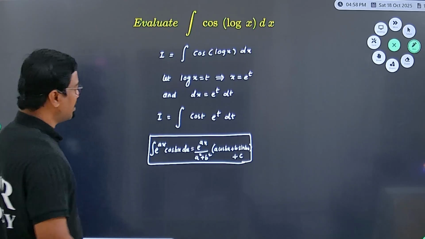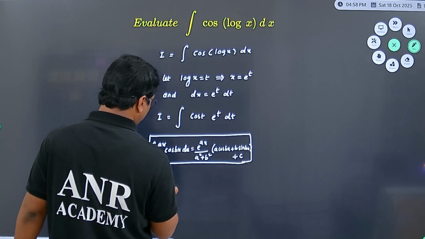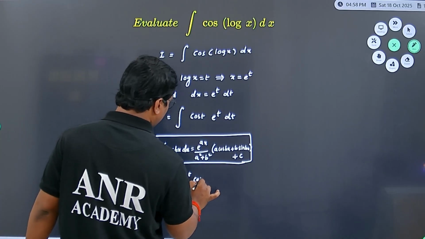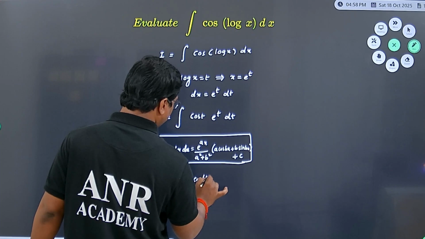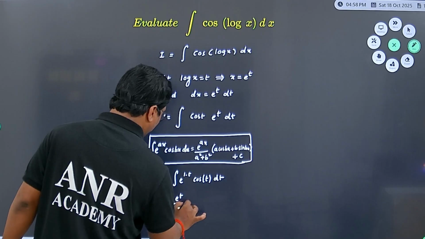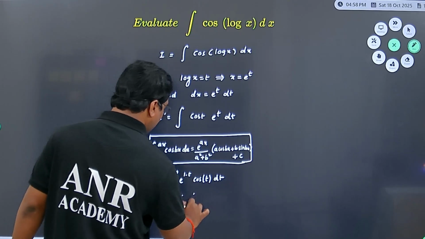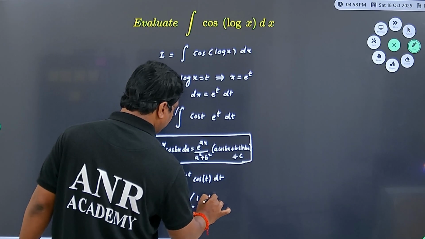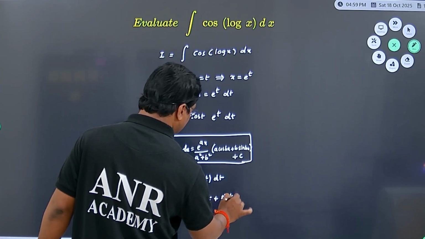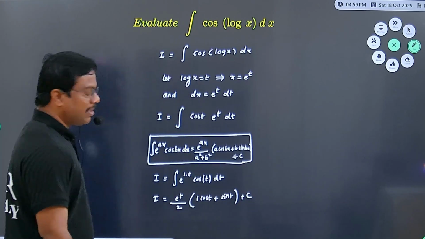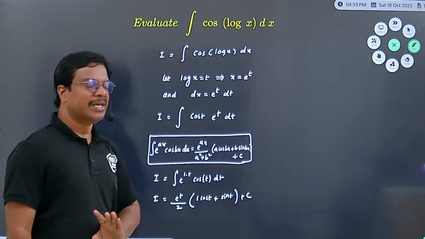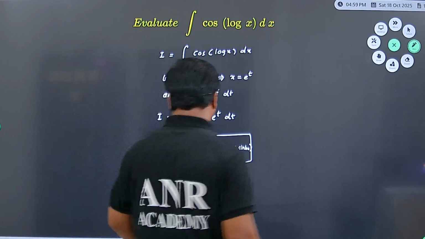Using this, first I am going to write e power 1 into t cos of 1 into t dt. Therefore, the value of I becomes e power t by 1 square plus 1 square, that is 2, next 1 cos t plus 1 sin t plus c.